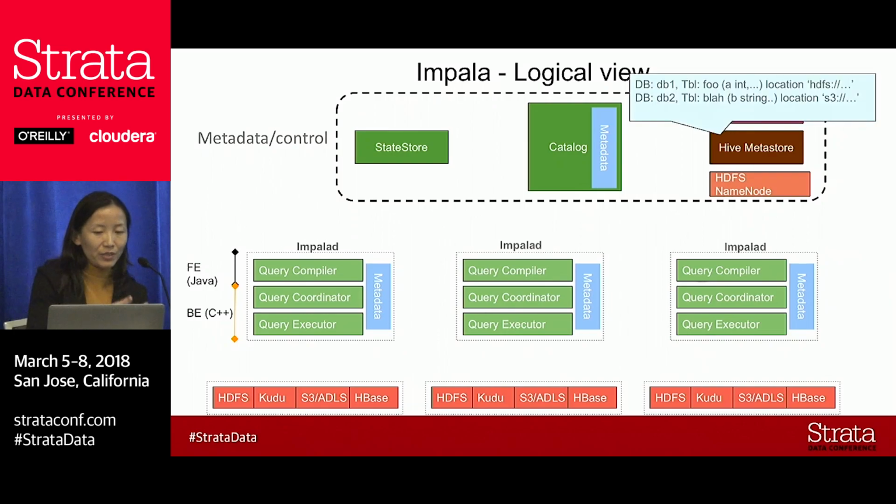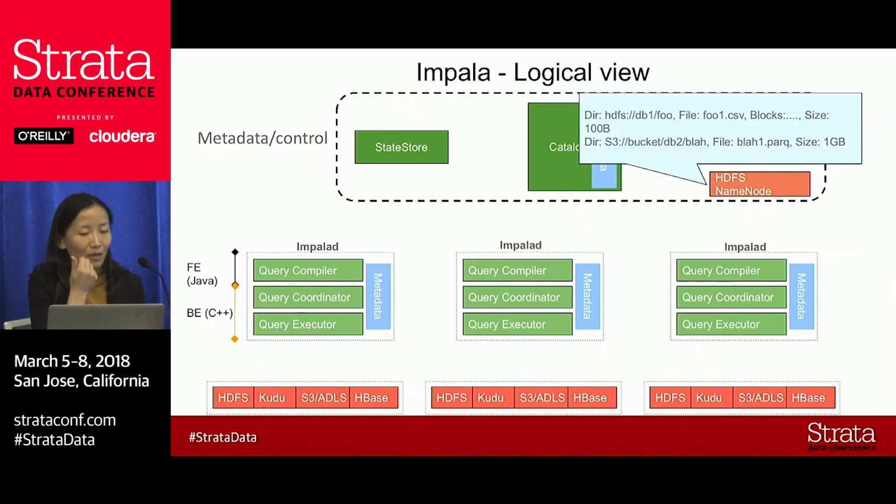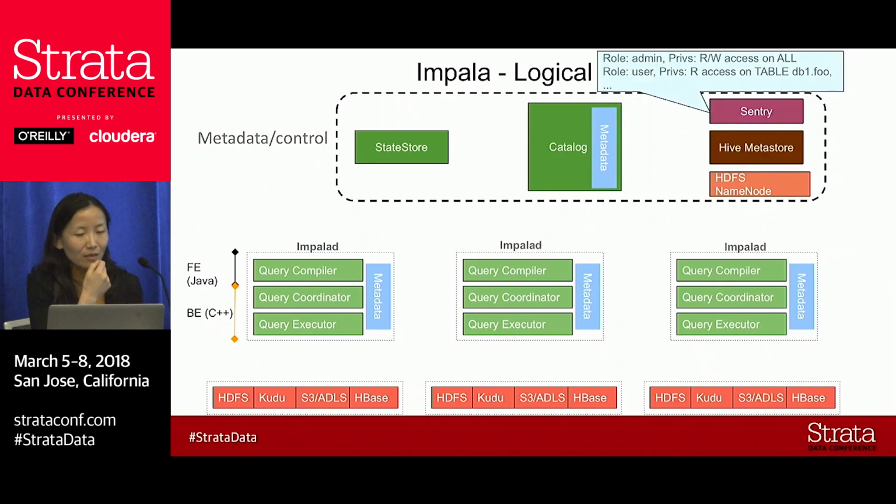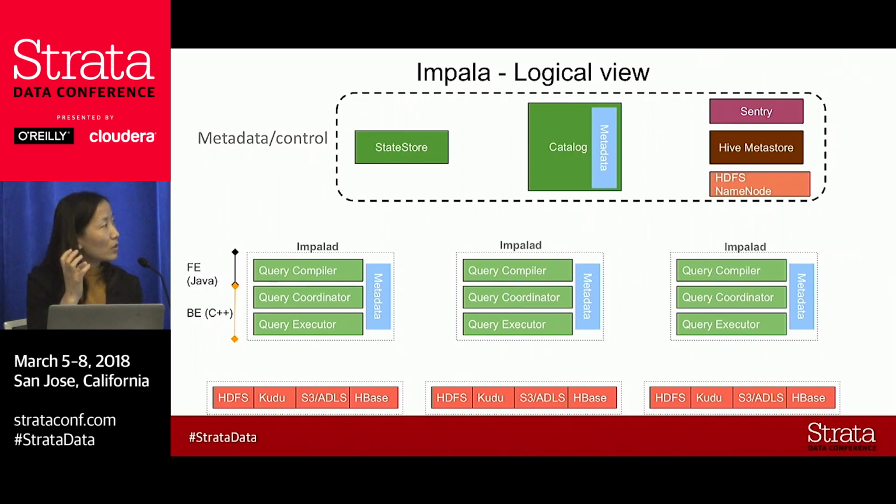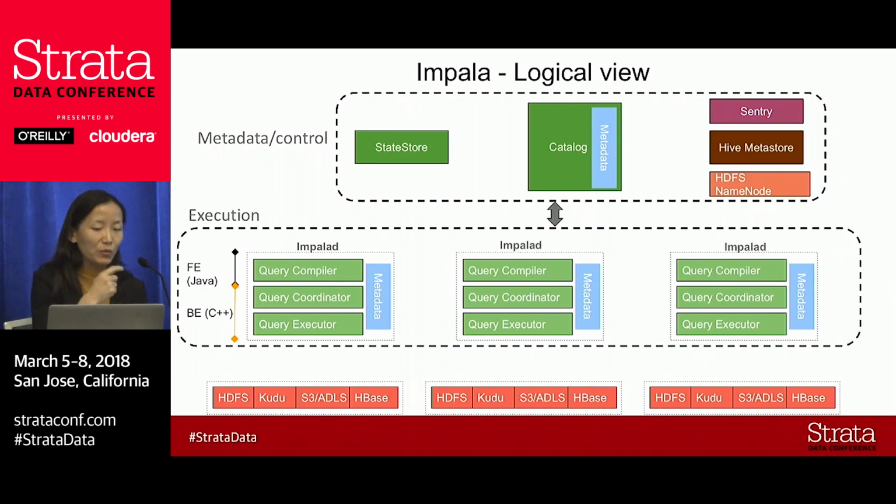The metadata cache here includes the data locality metadata and the schema metadata, and also the security-related information, the authorization information. Once the catalog loads this information, it caches it, then sends it to the state store, which distributes it to all the Impala daemons.